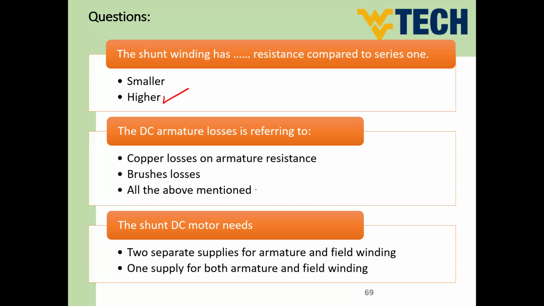So the right answer is all the above mentioned. The shunt DC motor needs two separate supplies for the armature and field winding, or one supply for both armature and field winding. Since this is a shunt motor, just one supply is required.